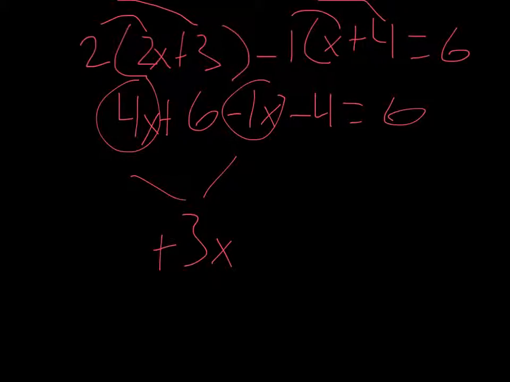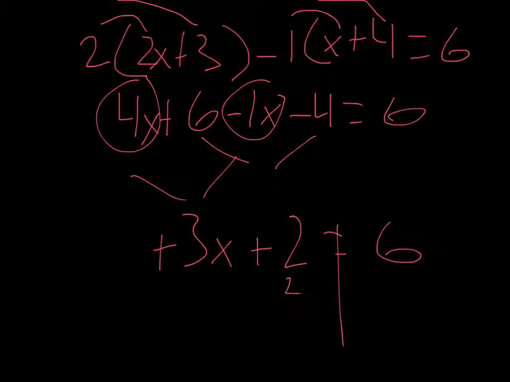Now, we do positive 6 minus negative 4 is positive 10. Now, we have 10 equals 3x.